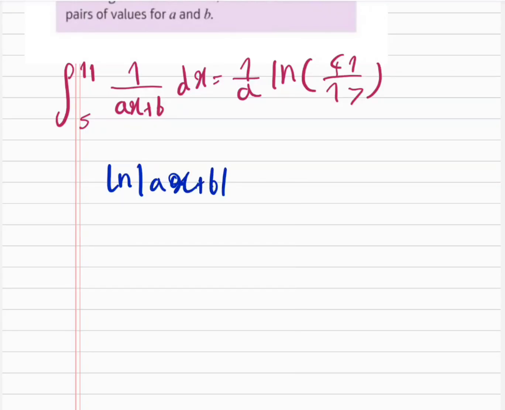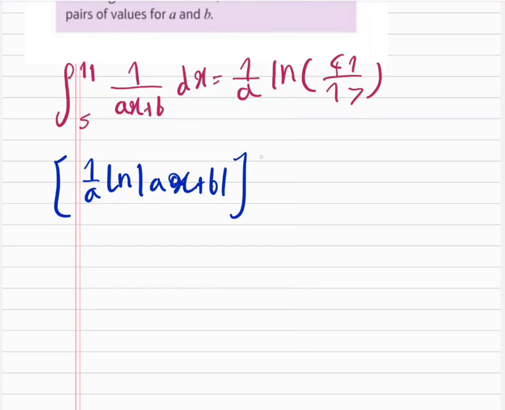If you differentiate this, we'll have a over ax + b. But on top we have 1, so we also need a factor of 1 over a, so that it cancels out with this a. So when we integrate 1 over ax + b, we'll have 1 over a ln(ax + b).